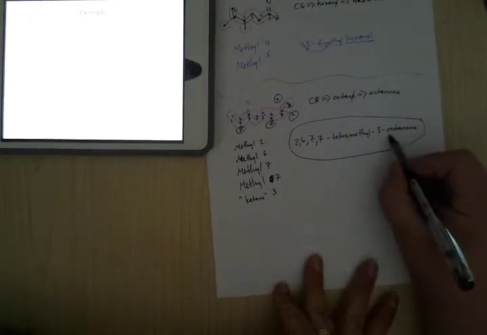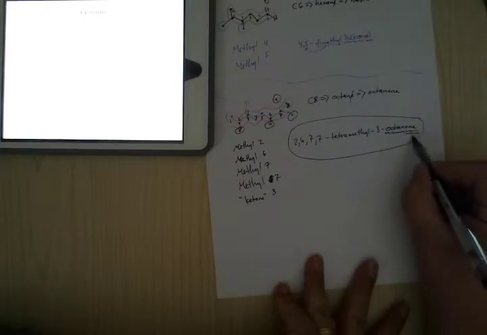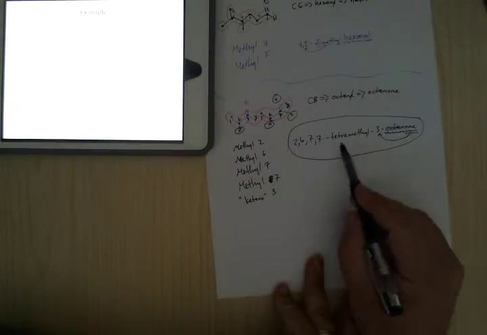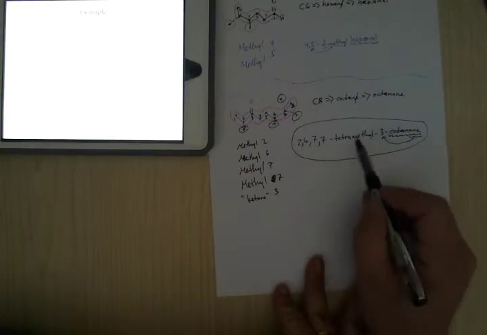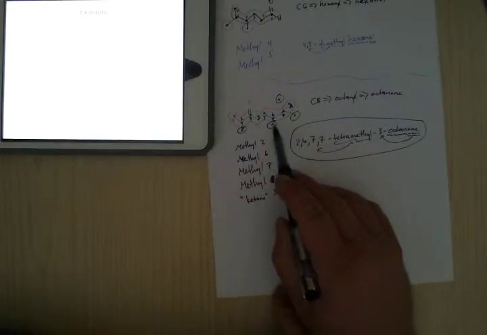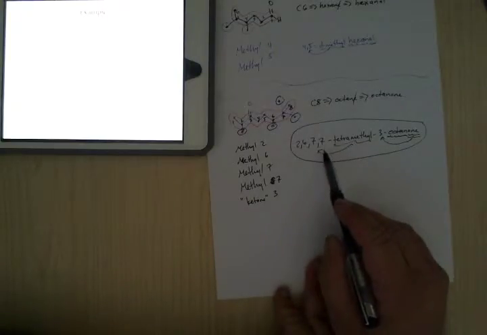So what do we have? A main chain that's 8 long, with a ketone, the O-N-E, hanging off of carbon 3. We have 4 methyl groups: one's hanging off of carbon 2, another off of carbon 6, and 2 of them hanging off of carbon 7. So there you go.